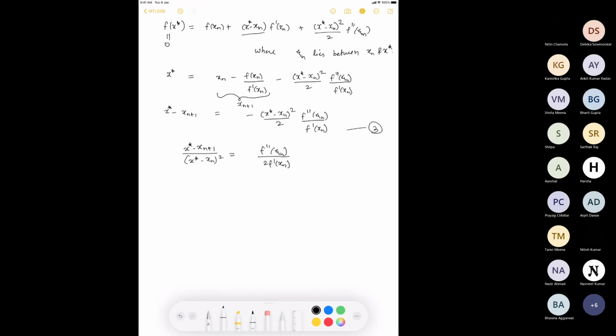I have a negative sign here, right? So I will change it to x_{n+1} minus x star, and here it will not make a difference because we have a square sitting here. So I will make it x_{n+1} minus x star, and this is going to be x_n minus x star.